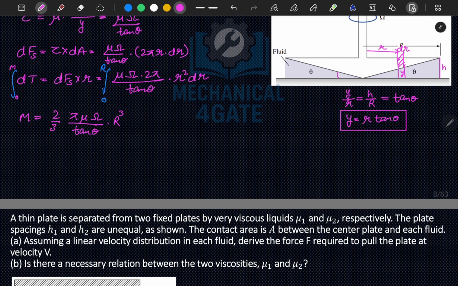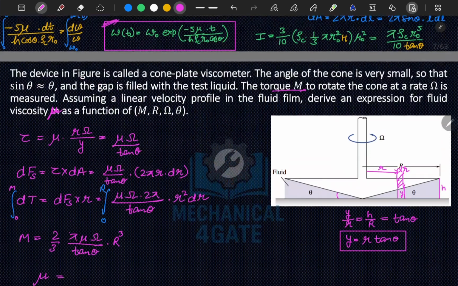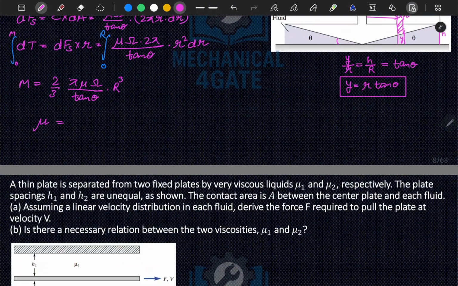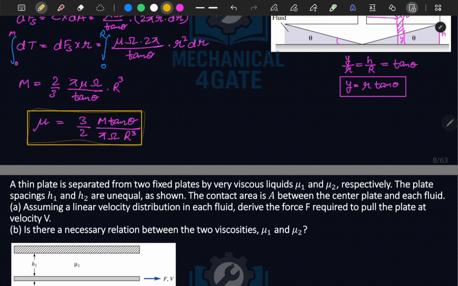Now to calculate the dynamic viscosity mu, it comes out to be 3 by 2 times M tan theta divided by pi omega R cube. So this is your final answer.